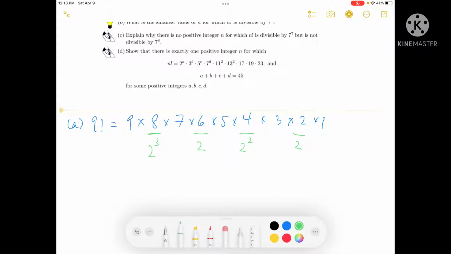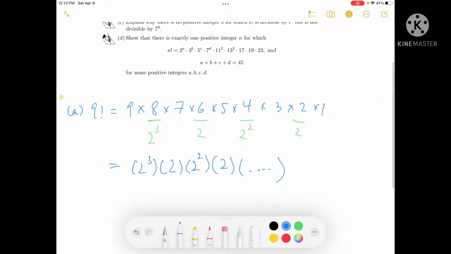So we can write 9 factorial as 2 to the power of 3 times 2 times 2 to the power of 2 times 2 times some irrelevant terms we don't need to care about. By the exponent laws, a to the m times a to the n is equal to a to the m plus n.